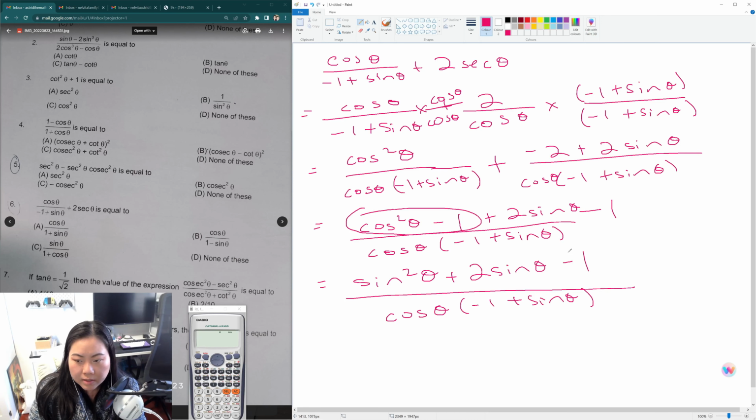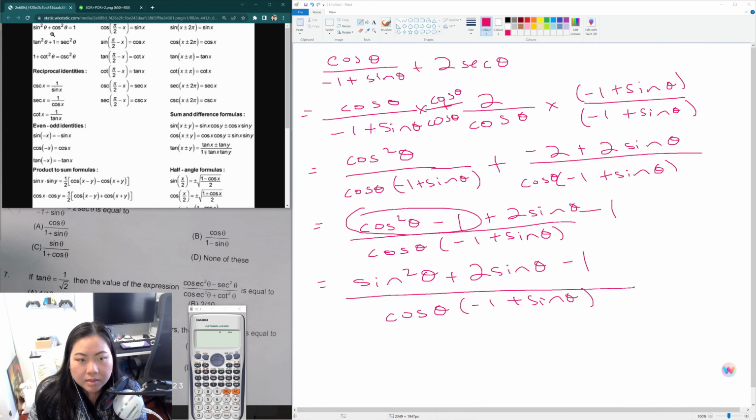This looks like the expansion of a quadratic, but the problem is this minus 1. I need it to be positive 1, and I need that to be negative. Hang on a second, let me just check something.